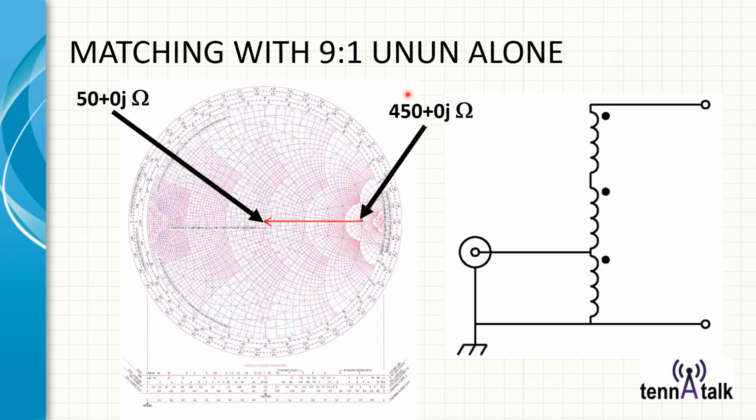And the reading on our Smith chart for that frequency, and it'll be different for every different frequency, remember, but for, let's say, 20 meters, you want to operate this thing on 20 meters, it gives you a readout of 450 ohms of resistance and 0 JX value for reactance. So that'll put you right about here on the Smith chart. Now you want to move to right here on the Smith chart, which is obviously the sweet spot of 50 ohms and no reactance.